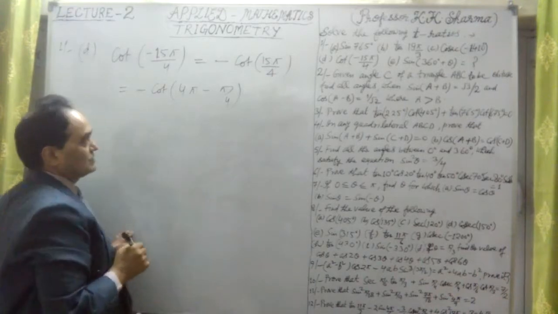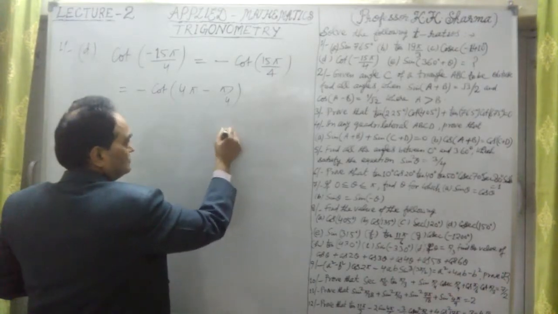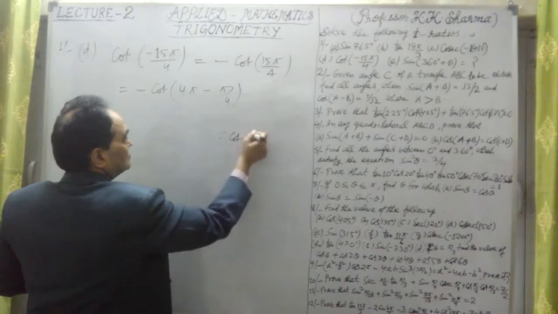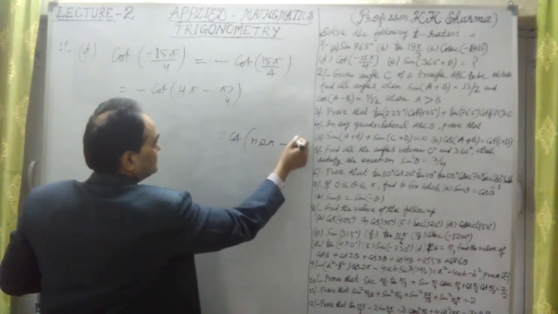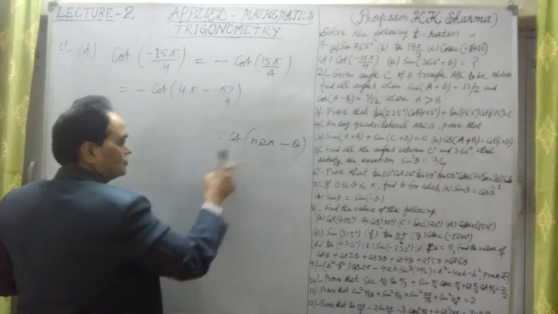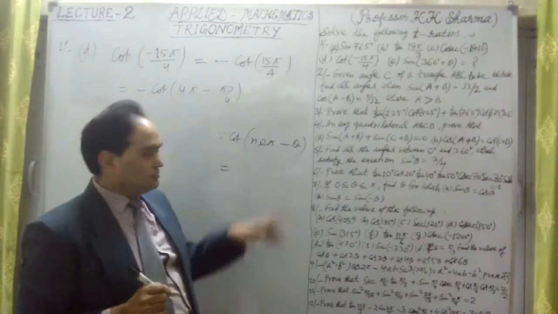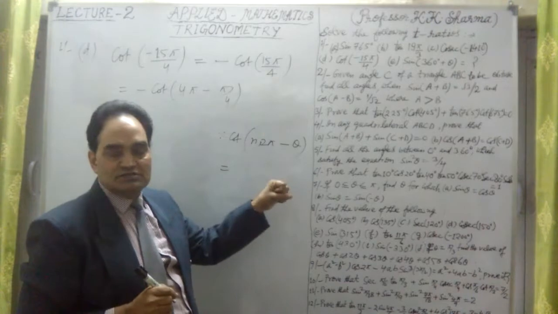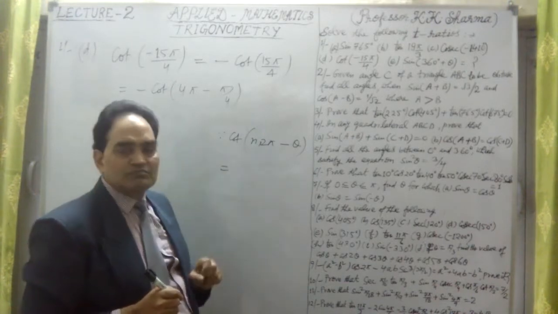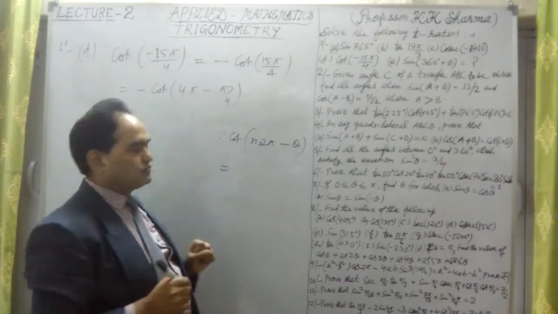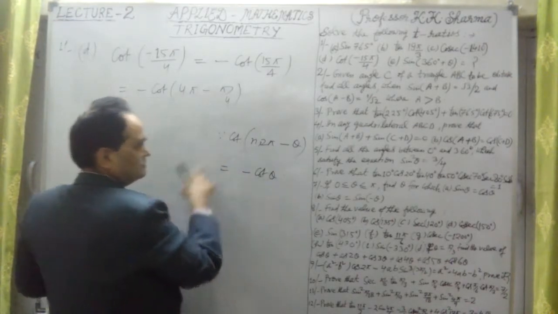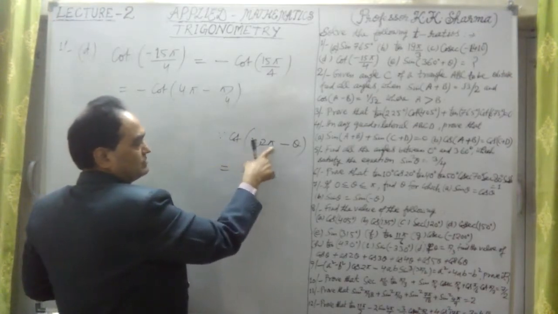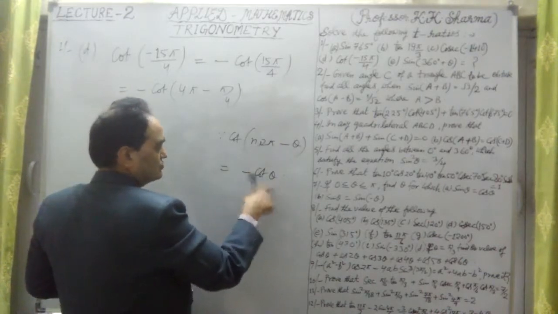Now again, we know the formula for cot of n into 2 pi minus theta. This angle is in the 4th quadrant, and cot is negative in the 4th quadrant. So cot of n times 2 pi minus theta is equal to minus cot theta.